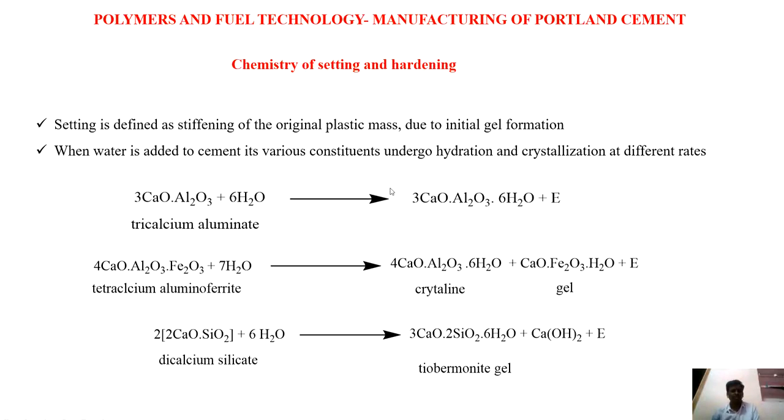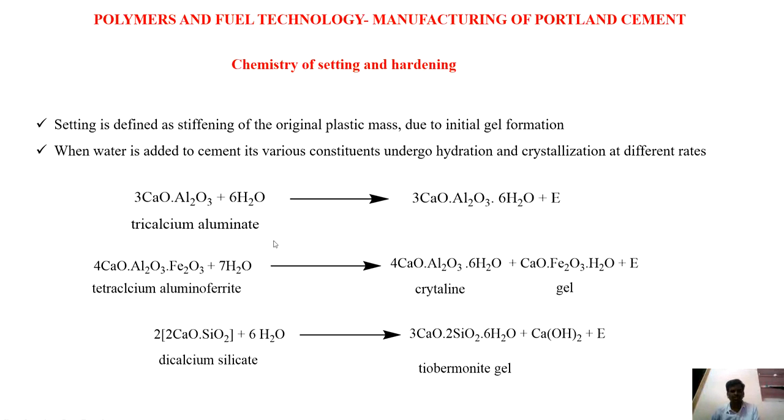When water is added to the cement, some constituents of the cement will crystallize. Some constituents of cement will undergo hydration. So here, if we add water, then tricalcium aluminate and tetracalcium aluminoferrite of the cement constituents undergo hydration, and first the aluminates start to hydrate.